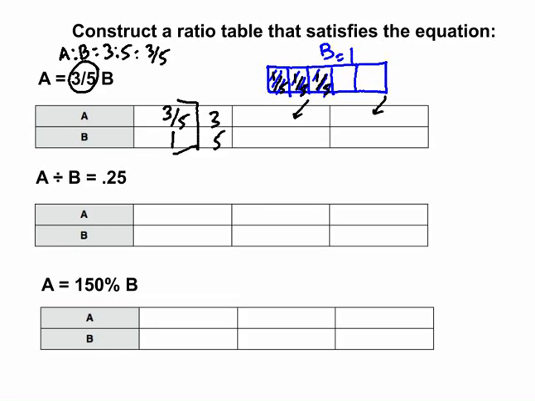So to think about it, we have A divided by B equals 0.25. Use 1. 1 is very powerful because any number divided by 1 will be itself. So if we wanted to say A is 0.25, let's just say 0.25 divided by 1 would equal 0.25, knowing that any number divided by 1 is itself. So use that information to set it up.